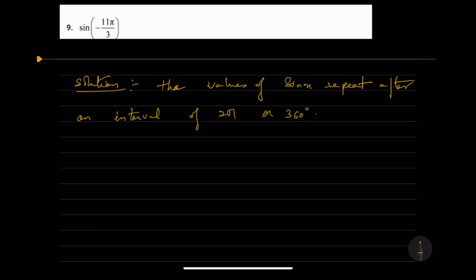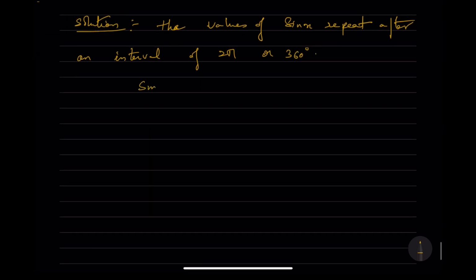So therefore we have sine of minus 11 pi by 3 is equal to sine of minus 11 pi by 3 plus 2 into 2 pi.